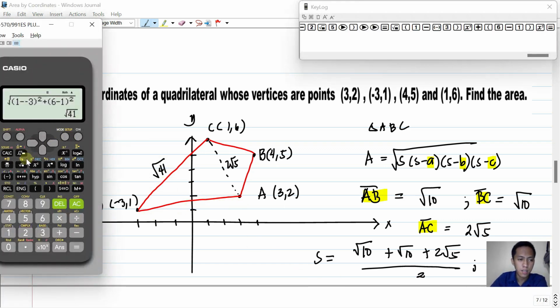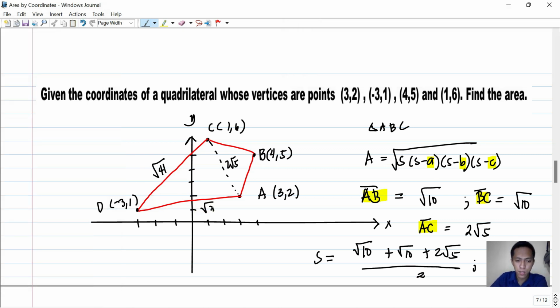Side AD is square root of x sub 2 minus x sub 1, so 3 minus negative 3, squared, plus y sub 2 minus y sub 1, so 2 minus 1 squared. So that is square root of 37.